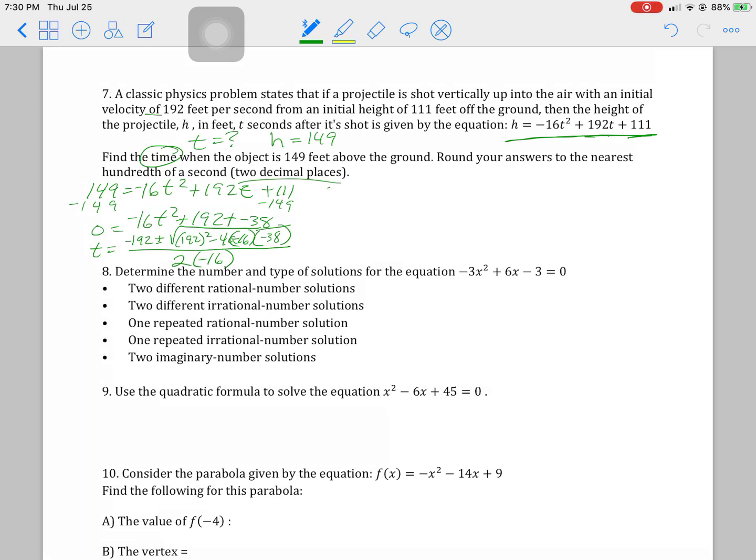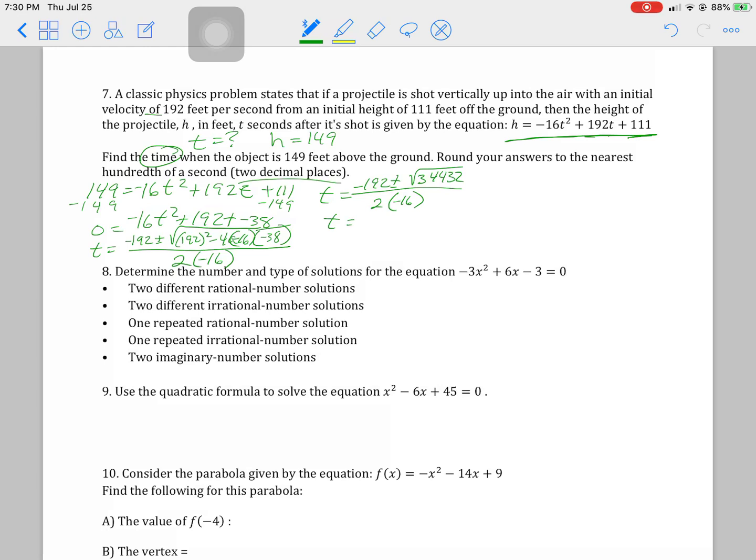All right, so t is going to equal negative 192 plus or minus the square root of 192 squared minus, and then there's 3 negatives, so that's going to come out to a negative number, but the 192 is really large, so this is going to be 34432 over 2 and negative 16.